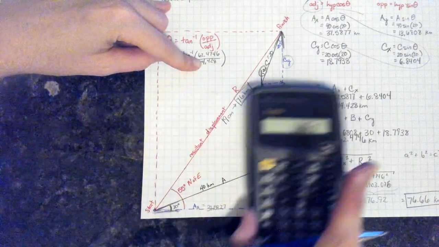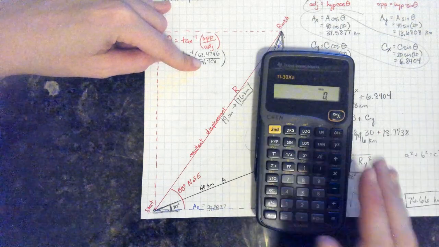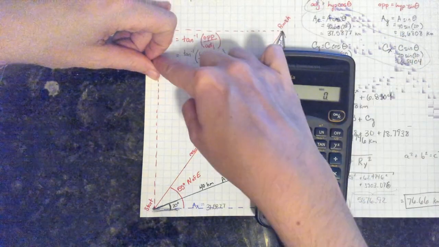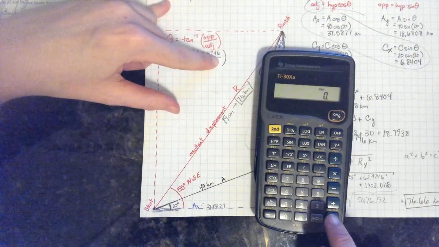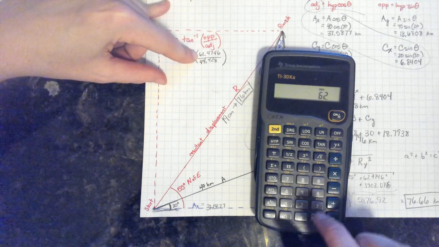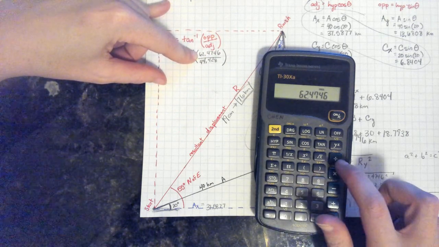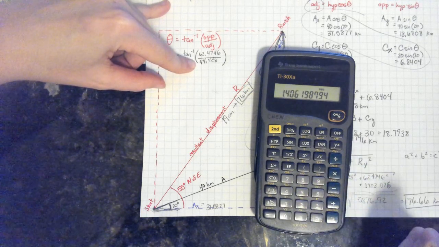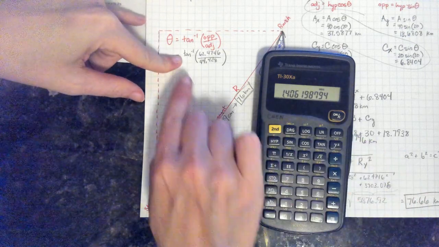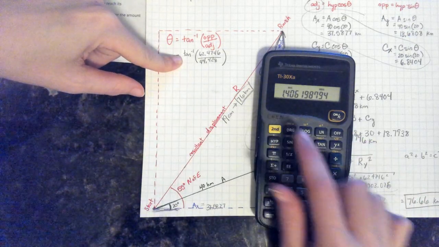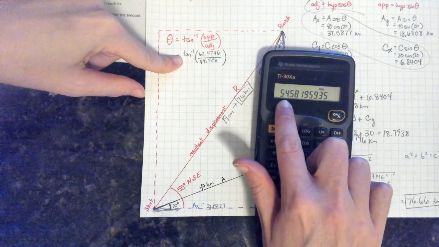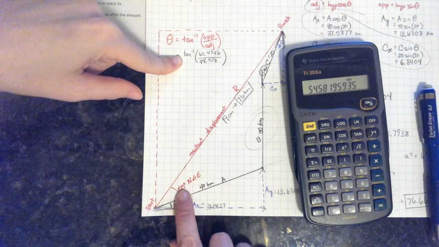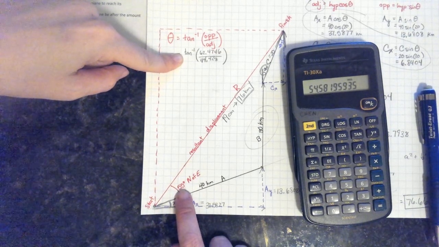Because this calculator works backwards, we have to do this inside part first. 62.4746 divided by 44.428. So we get that. Inverse tangent, second tan, 54.58, which is still pretty darn close.